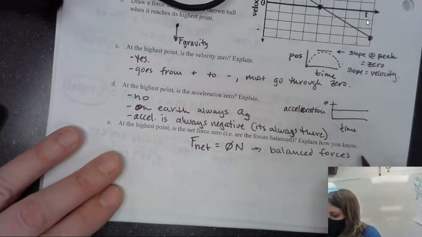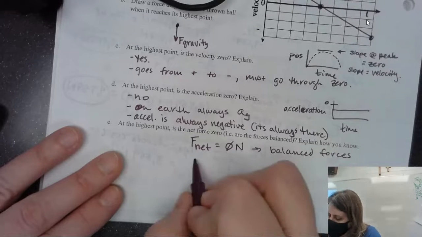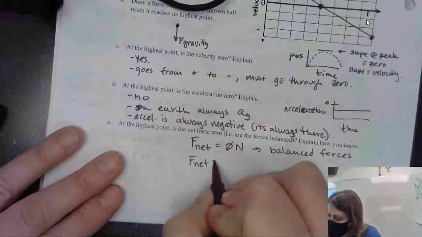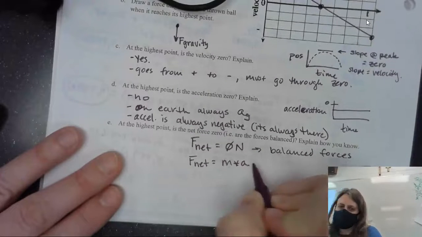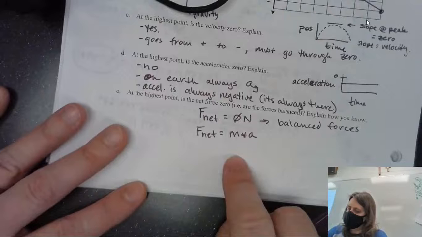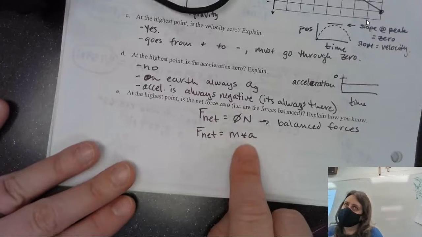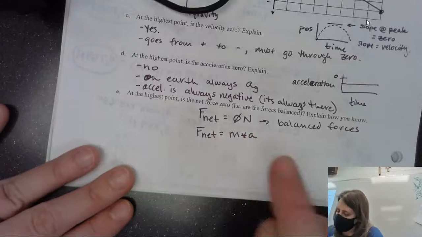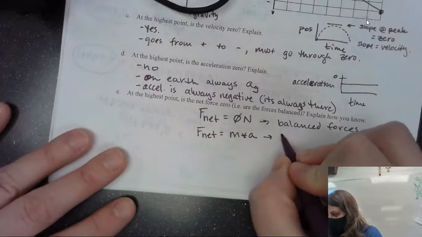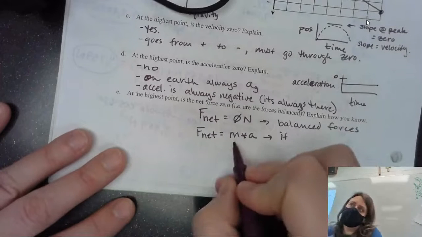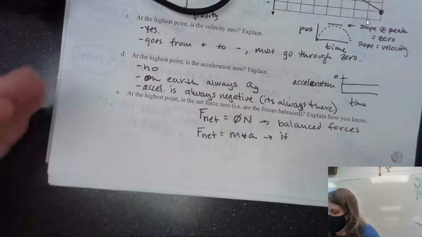Balanced forces also mean, because net force is equal to mass times acceleration, that if we've got balanced forces, our acceleration has to be 0. Because we can't have an object that has 0 mass. That's not a thing. Breaks the rules.